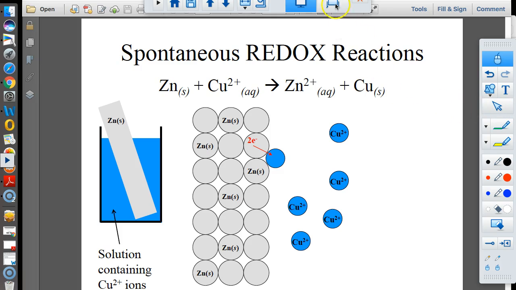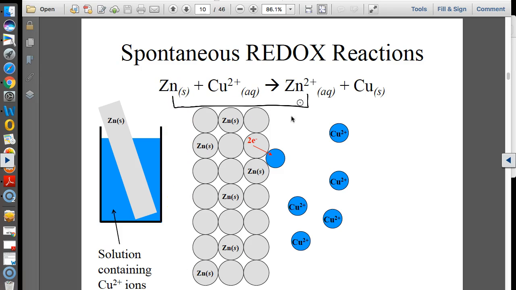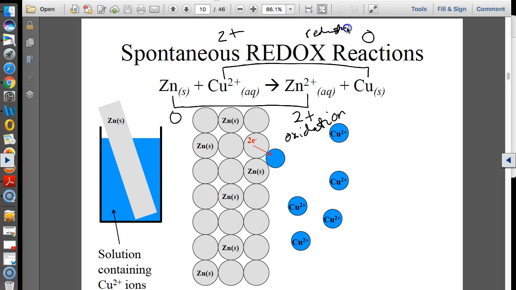I don't like to skip steps. So we can see that copper is reduced and zinc is oxidized, right? And then you have to write the word oxidation, and show me that reaction.